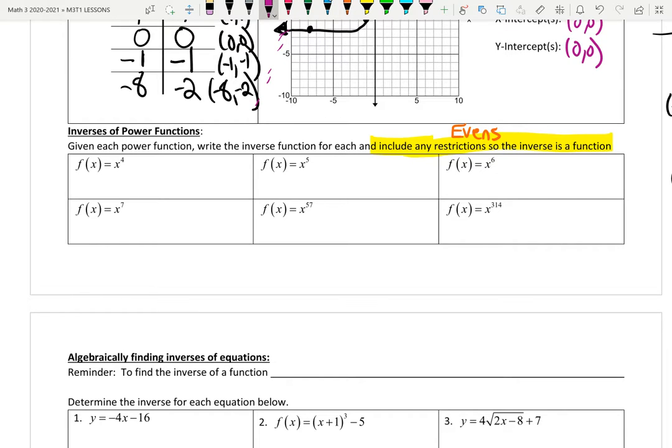So I know that the inverse, when I switch it, is going to be x is equal to y to the fourth. This is going to end up to be y is equal to the fourth root of x. And because it's originally even, I need to say that y, here, I need a little more room.